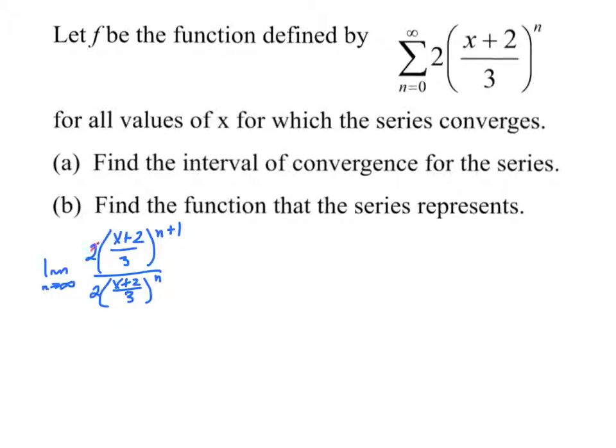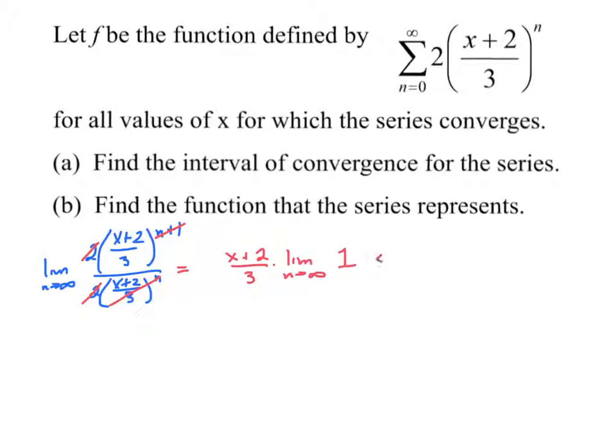Let's do some simplifying. 2 divided by 2 is out. That leaves us with just x plus 2 over 3, which I would pull out front, times the limit as n approaches infinity. Now we've pulled everything out, so all that's left in there is 1.